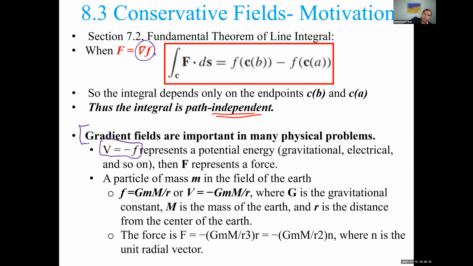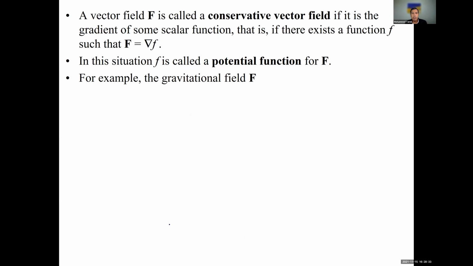And then we talked a lot about an example, which is the potential energy of the function F, which is the force that represents the vector field of gravitational attraction. I'll just give you here that they exist and the relationship to physics. So we're going to call a vector field conservative if it is the gradient of some scalar function.